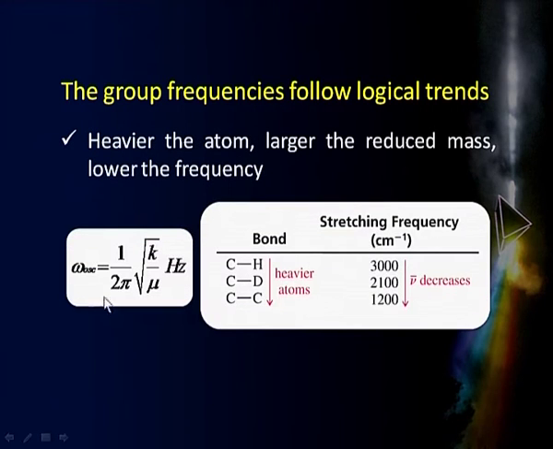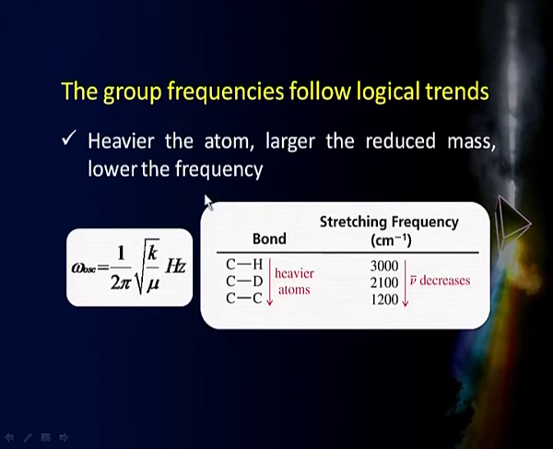Now, suppose I am trying to compare the vibration frequencies of some bonds, say CH, CD, CC. In all these three, we are keeping one of the atoms constant, say carbon, and the second atom I am changing from hydrogen to deuterium to carbon. Now, I am increasing the mass of the atom. So, what happens as a consequence of that?